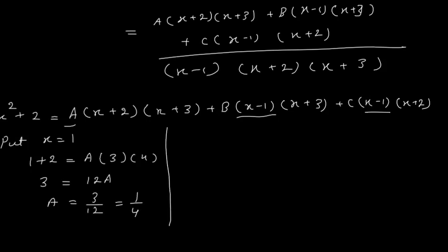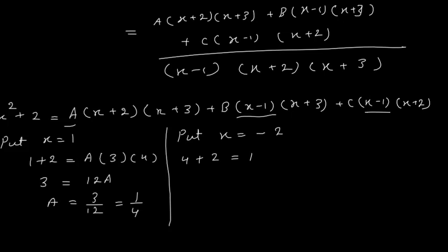Now to get the value of b, I want a and c to be 0. Now you can figure out that a and c both have x plus 2 as one factor. So here you put x equal to minus 2. When we put x equal to minus 2, we get minus 2 square, which is 4 plus 2, equal to my a term is 0.